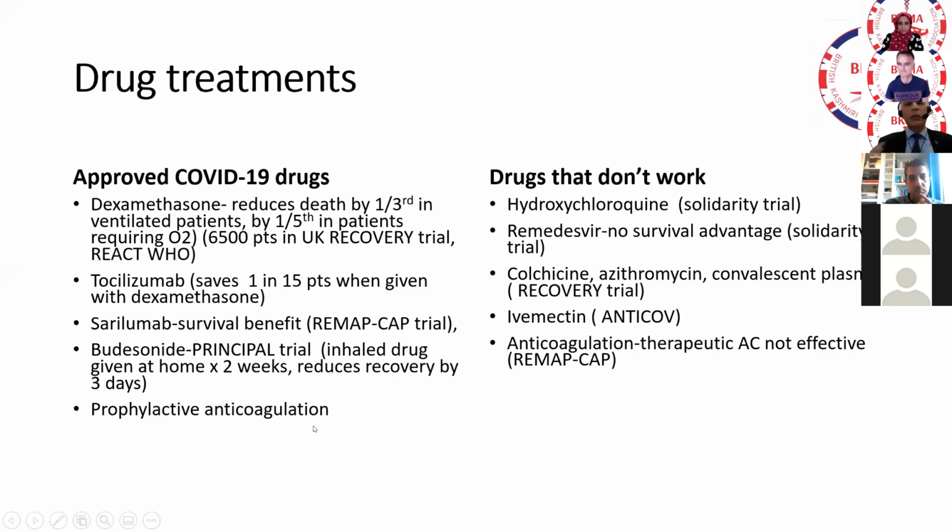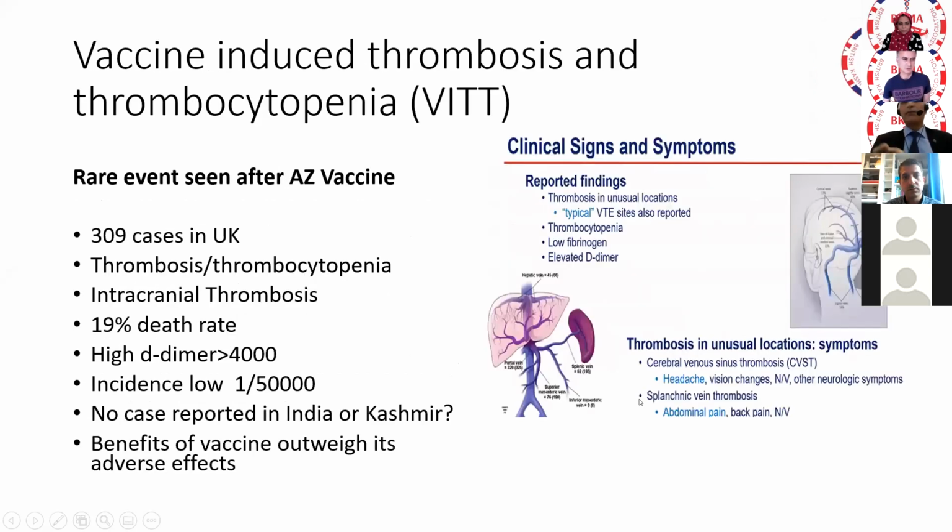And the anticoagulation, again, is recommended, but only in the prophylactic doses. All other drugs which I've listed here on the right side have not been found of any use. Therefore, we should be careful that we don't encourage use of those drugs at all.